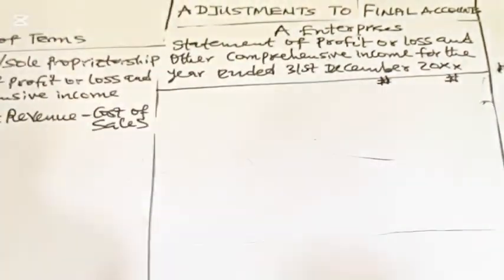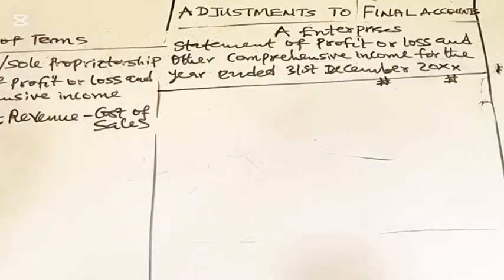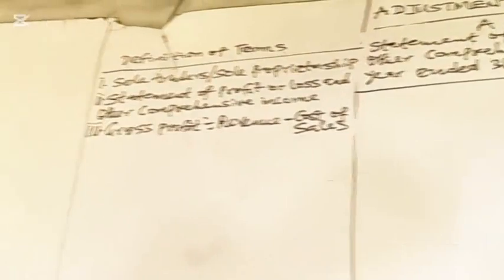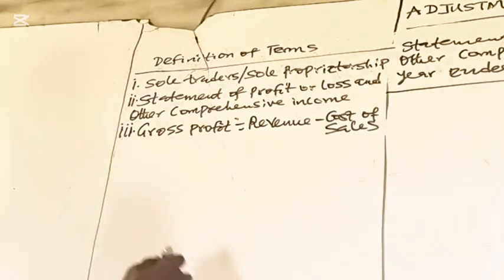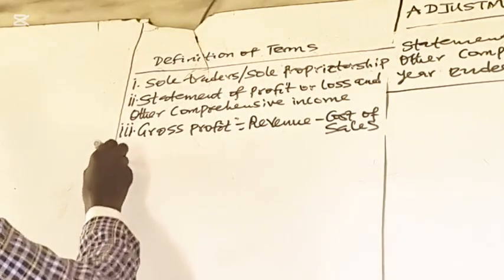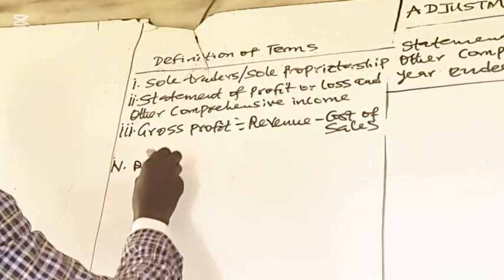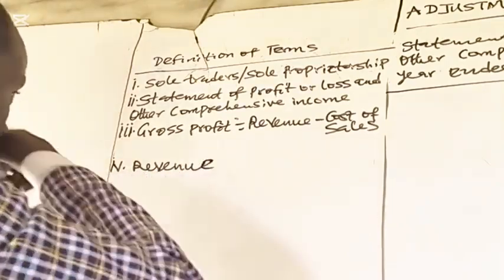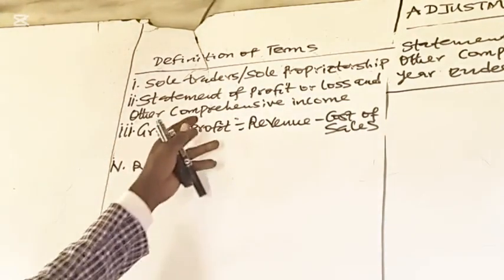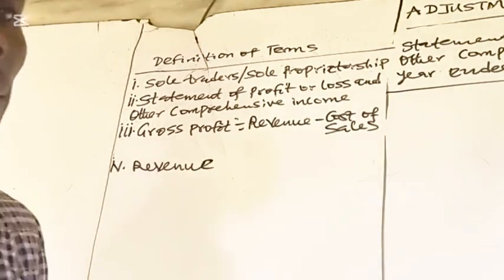Remember, I've told you the first profit to ascertain is the gross profit. I will say gross profit is revenue less cost of sales. What is revenue? That is the starting point. It means before you can calculate the gross profit, you must have known your revenue.